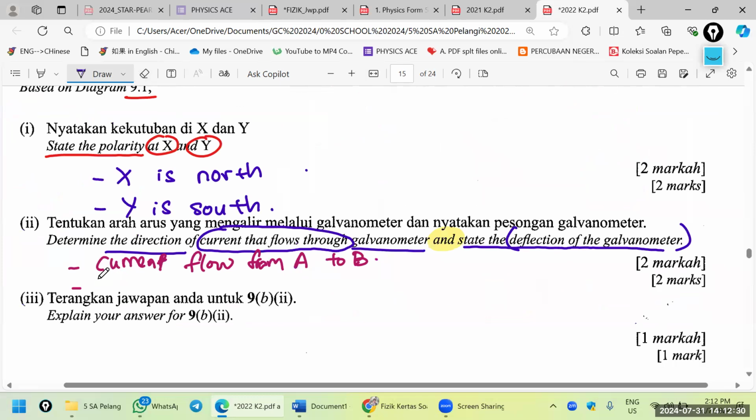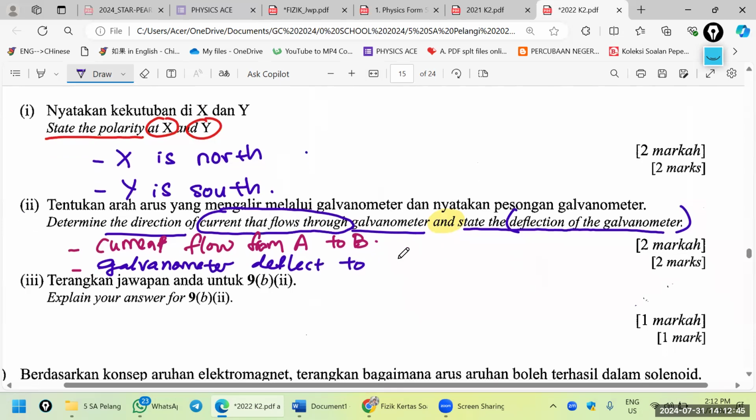So you can say galvanometer deflects to left or right, A or B, doesn't matter. As long as you say there is deflection. So your answer could be deflect to A, deflect to B, deflect to left, deflect to right.